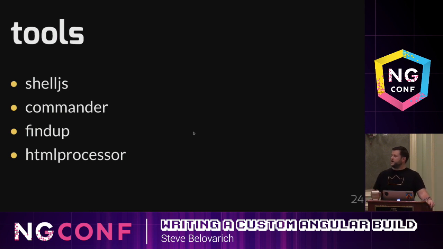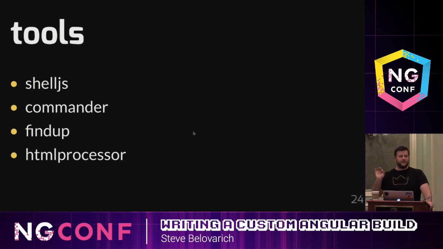We're going to use this module called Commander to handle our CLI arguments. So when the user types in NGS build, Commander is going to process that and give us an object to work with within our code. It's much better than handling the process arguments by themselves. We're going to use this tool called FindUp, which allows you to work with files a certain way.